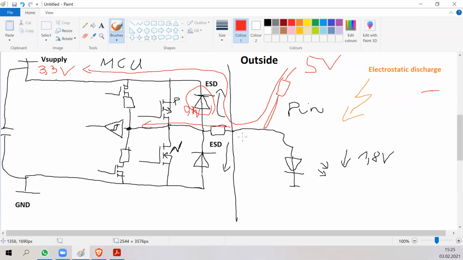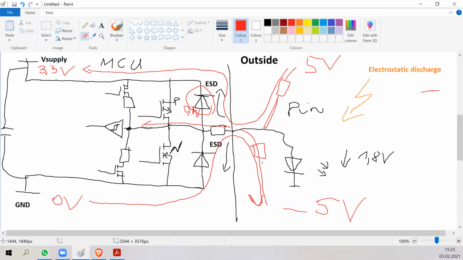And the second option, if you connect the pin to, for example, minus 5 volts, then the second ESD diode works. So here is 0 volts. The current flows from higher volts to lower volts. So it flows through this ESD diode down to minus 5 volts. And again, if you have some weak signal of minus 5 volts, which has internal resistance, maybe again the microcontroller will not burn immediately.